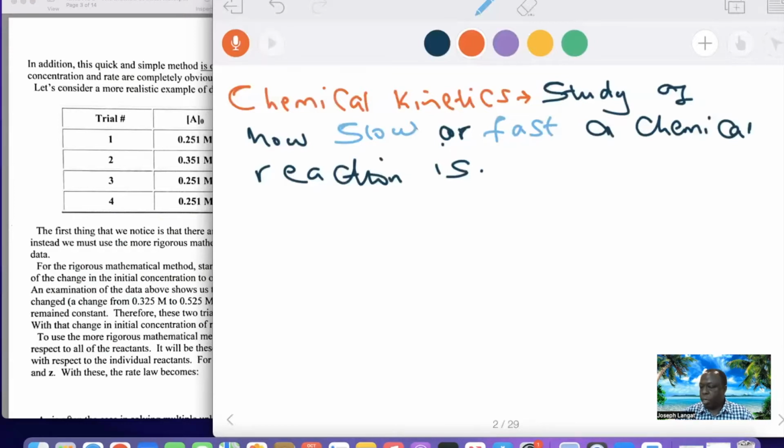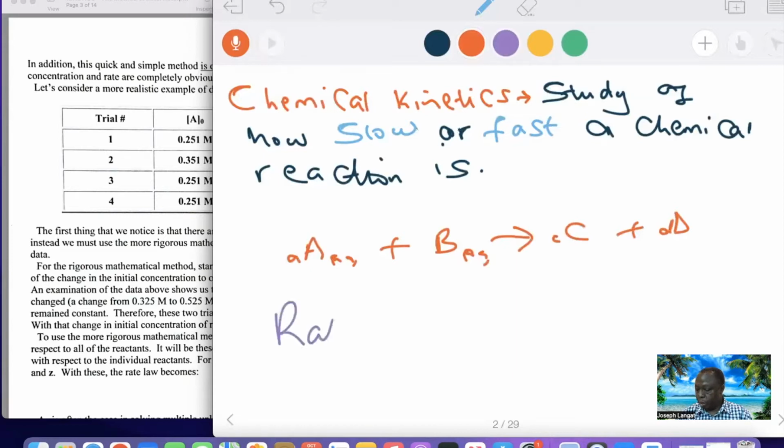This is a general chemical equation, aA reacting with bB to form cC plus dD, where lowercase letters represent the coefficients in the balanced equation.